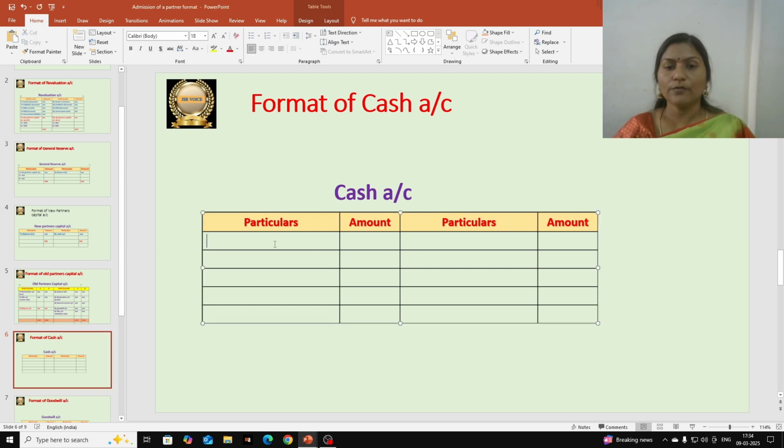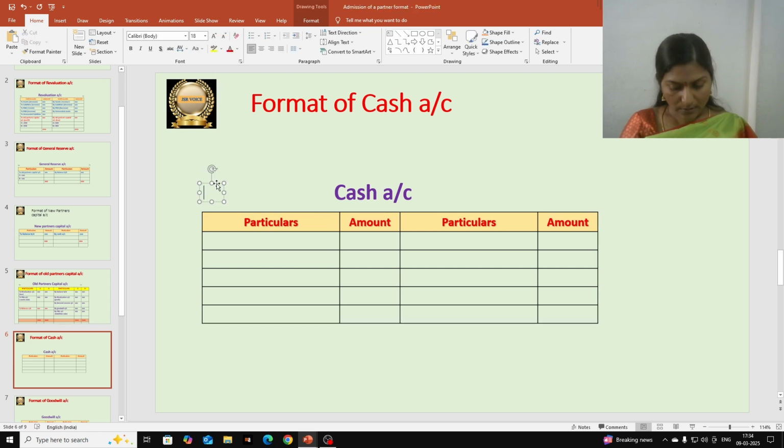So cash account, whenever we prepare, first what we should do, we should take the cash balance of our balance sheet. Some cash or cash in hand or cash at bank appears in the balance sheet. We should take that first in this account. And which side we should take? Always cash is what? That is asset. So we should record that balance always on debit side whenever we are bringing to this account.